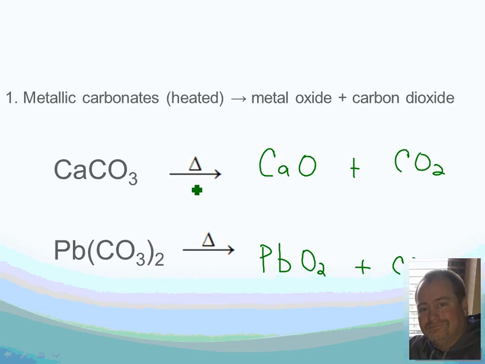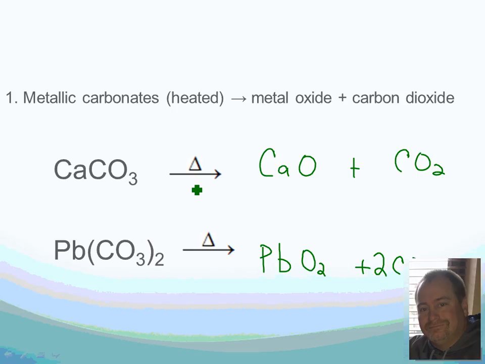How many oxygens do I have over there? 4. But in my vision, I can see that I'm going to need 2 of those. So if I put a 2 right here, I take care of my carbonates, and I have now 6 oxygens, right? So am I good? Yeah, I'm balanced. That was easier to balance than what I thought.